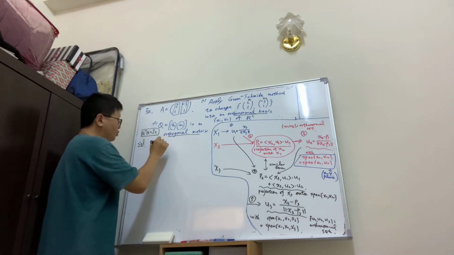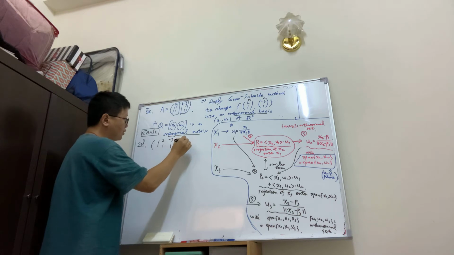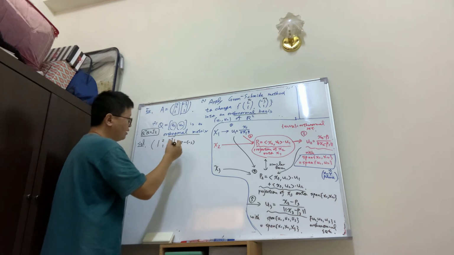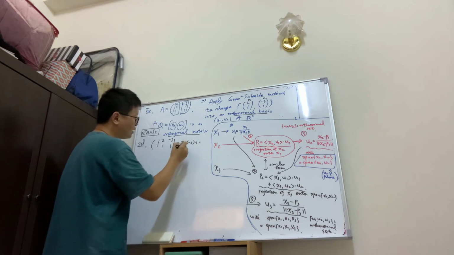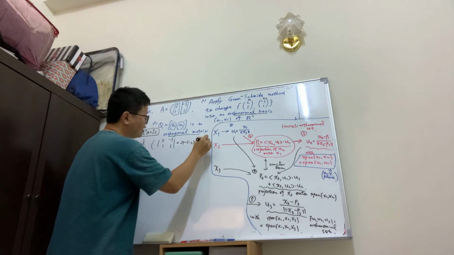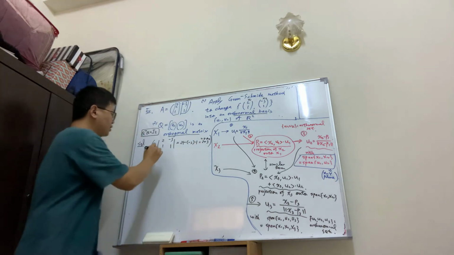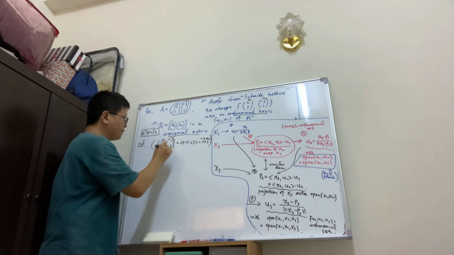Originally, the first step is that it's easy to check. For 2, 1, negative 3, 1, the determinant is 2 times 1 subtract negative 3 times 1, so it's 2 plus 3, which is 5. It's non-zero, which means that these two vectors are linearly independent.